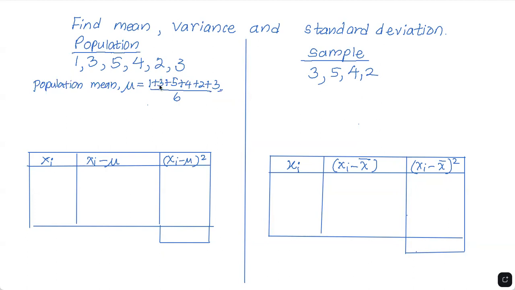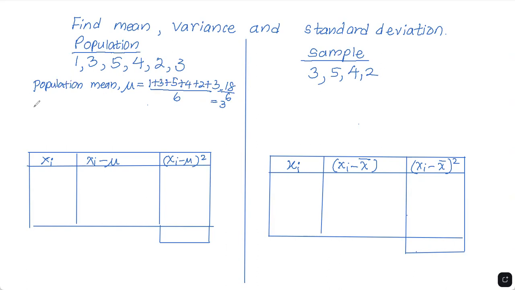So 1 plus 3 is 4, 4 plus 5 is 9, 9 plus 4 is 13, 13 plus 2 is 15, plus 3 is 18. 18 divided by 6 is 3. So mu equals 3, the population mean equals 3.